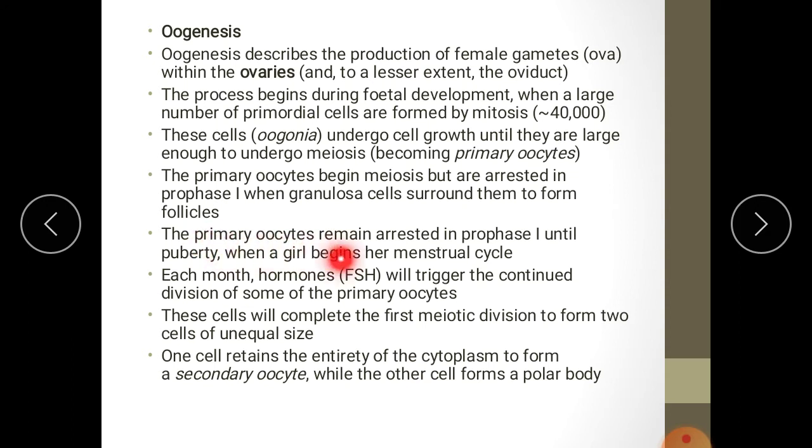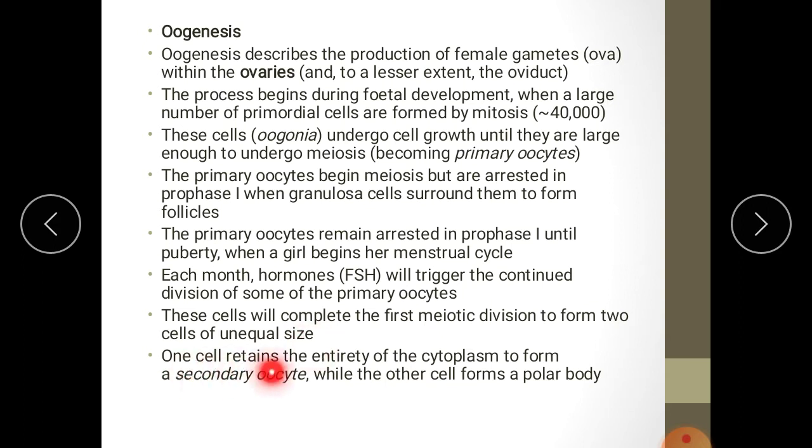So the primary oocyte remains arrested in prophase 1 until puberty, when a girl begins her menstrual cycle. Each month, hormone FSH will trigger the continued division of some of the primary oocytes. These cells will complete the first meiotic division to form two cells of unequal size.